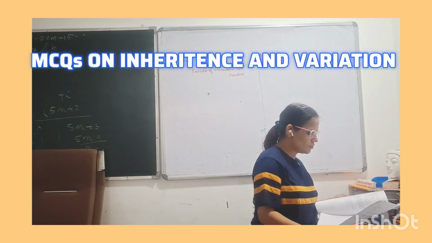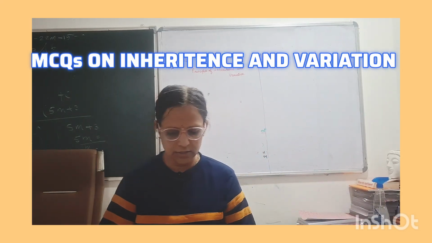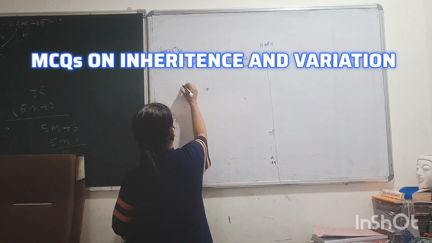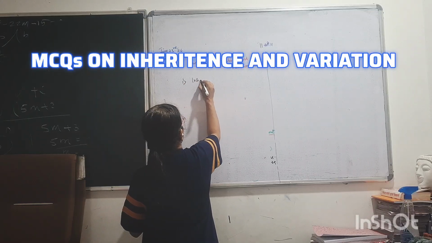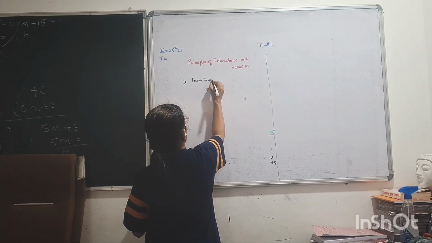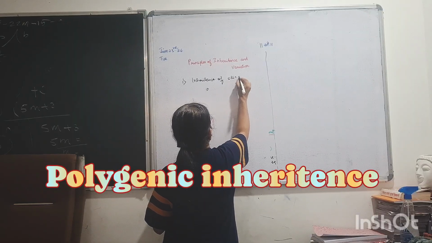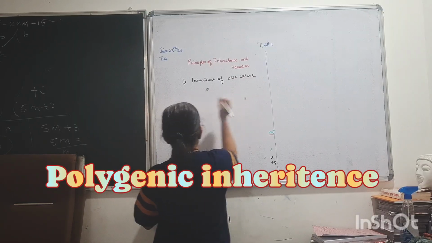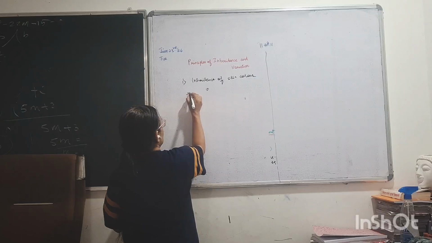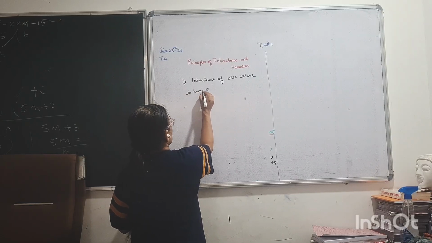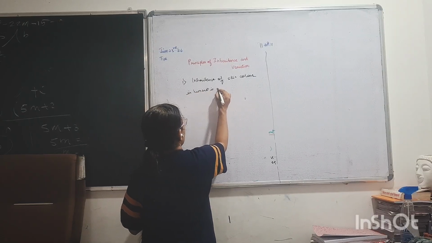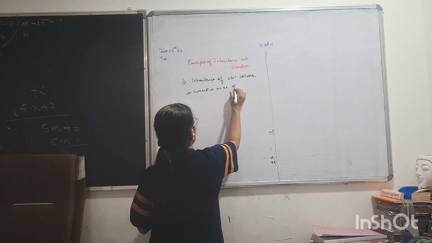Let us see some MCQs on principles of inheritance and variation. First MCQ: inheritance of skin color in humans is an example of.